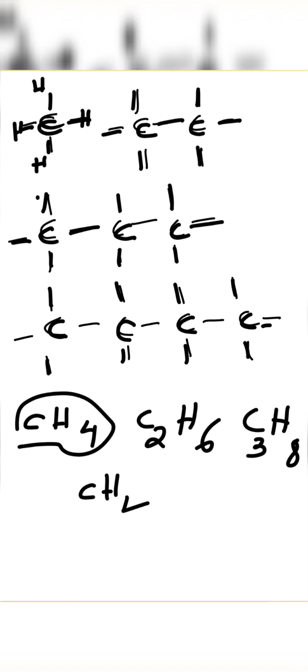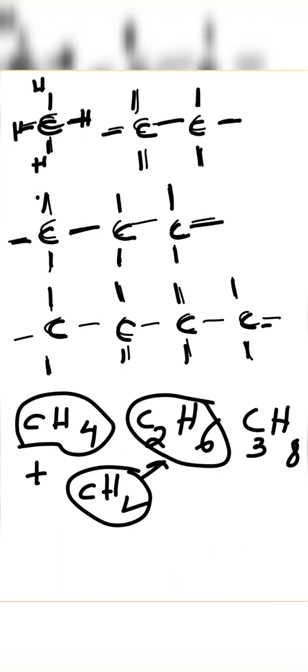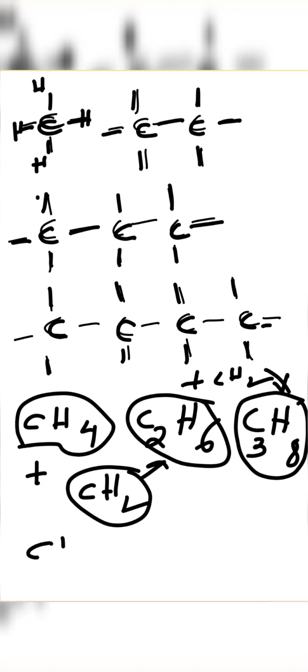CH4 plus CH2 gives you C2H6, plus CH2 will give C3H8, like this. Keeps on increasing by CH2. This CH2 is called the methylene group. So it increases by CH2. So this is called homologous series.